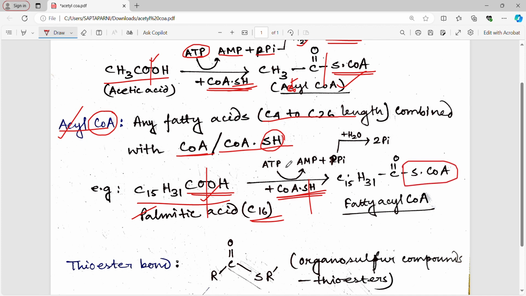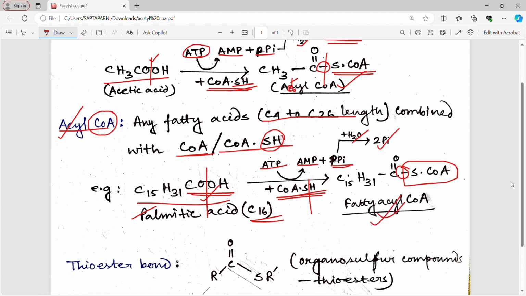Similarly, one molecule of ATP is needed, from which one molecule of AMP is generated, and inorganic pyrophosphate is generated, and inorganic pyrophosphate gets transformed into 2 inorganic phosphate with the reaction of water. So in both cases you can see a bond is formed here which is known as a thioester bond, and in this case fatty acyl CoA is formed.